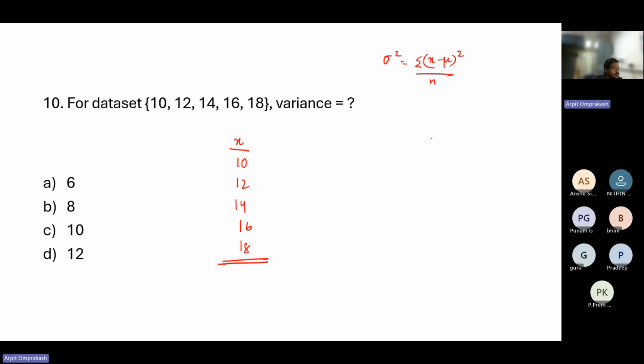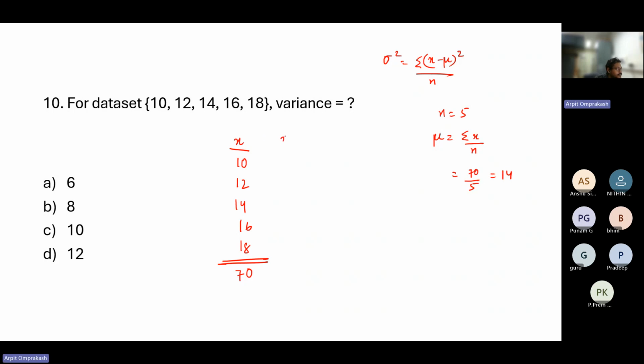We need to first calculate the mu value, which is nothing but summation of x divided by n. N here is basically 1, 2, 3, 4, 5. So the sum is 70, and mu is basically 70 by 5, which is 14.